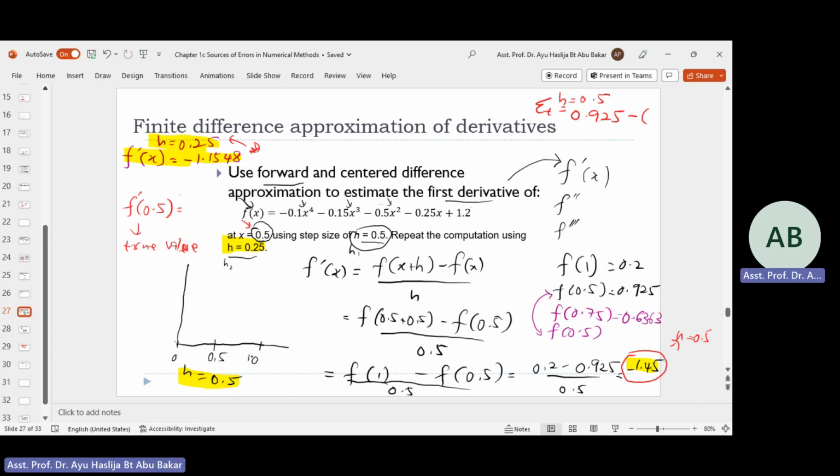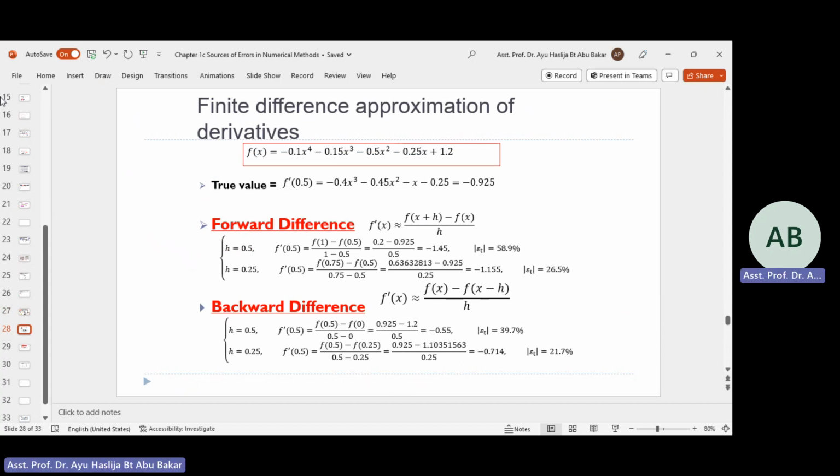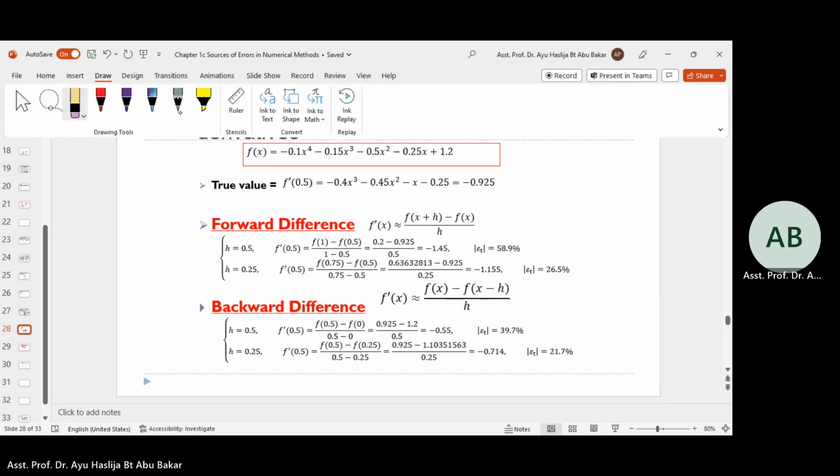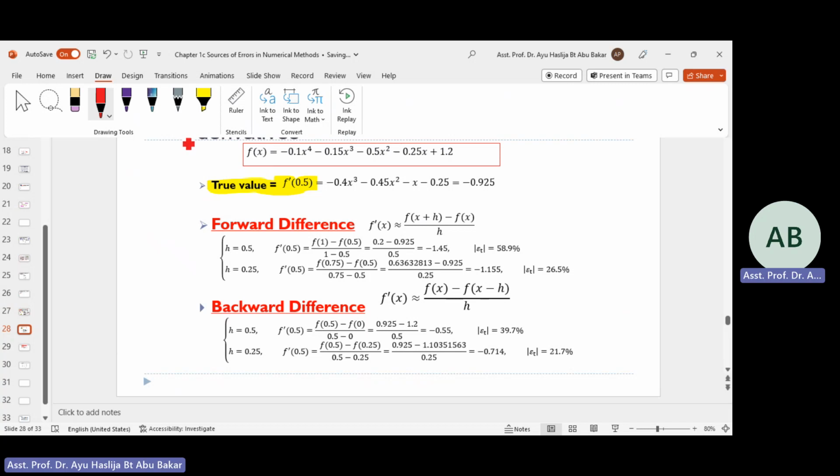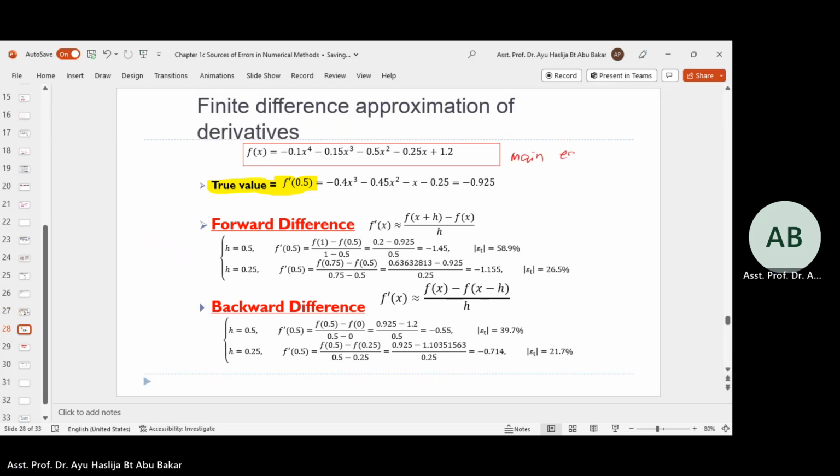Okay, so just to help you to fasten the process, actually it is already in the next slide. This one, the true value. Here, f prime 0.5. So you will do the differentiation from the main equation. This is the main f x. So true value, do the differentiation, you will get 0.925. Similar as what you calculated, correct?